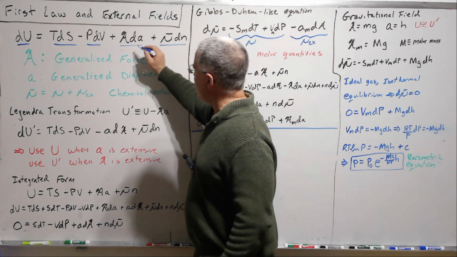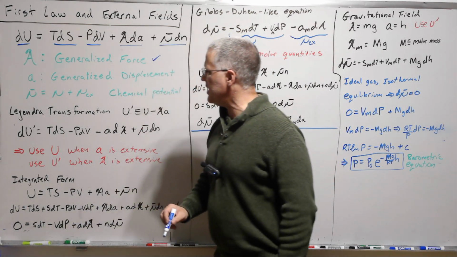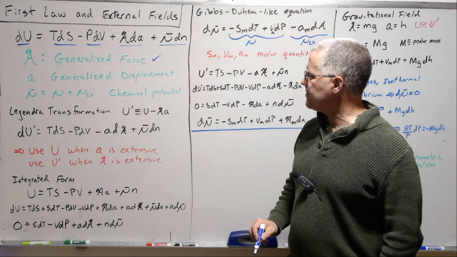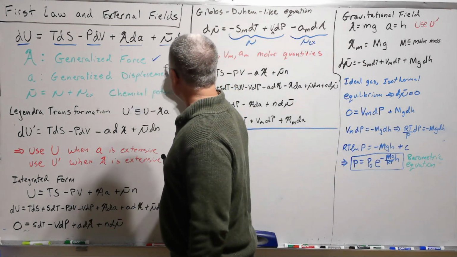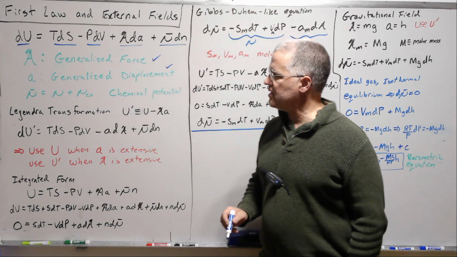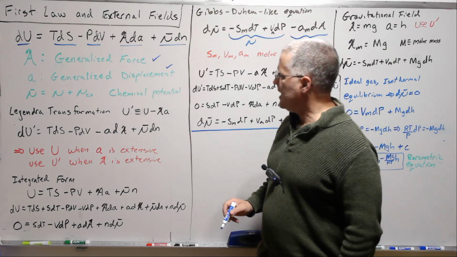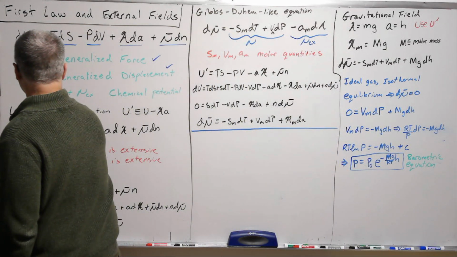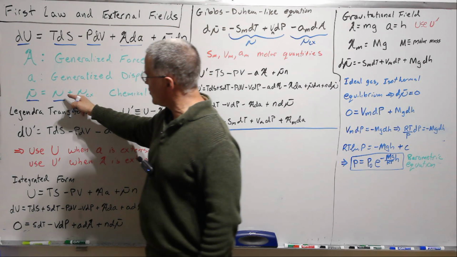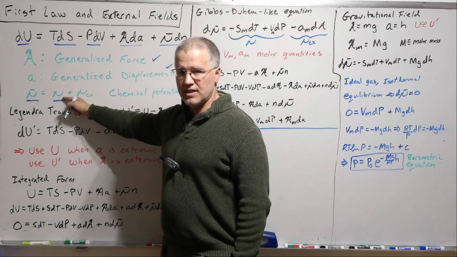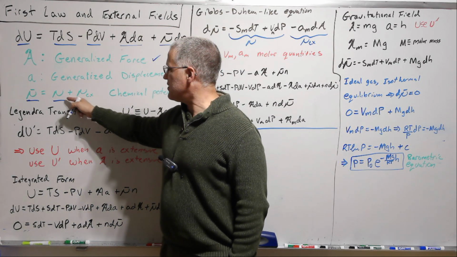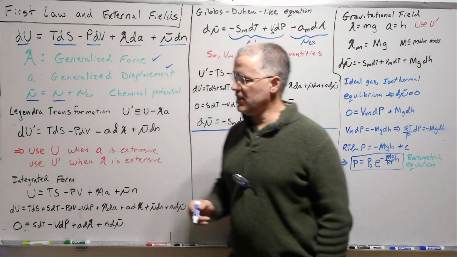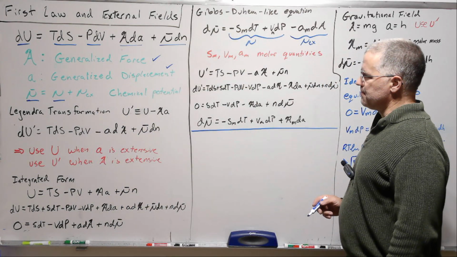So this fancy A is going to be the generalized force. The fancy little a is going to be the generalized displacement. And like I said, the chemical potential will be the chemical potential of the substance in the absence of the field, plus a part due to the external field.